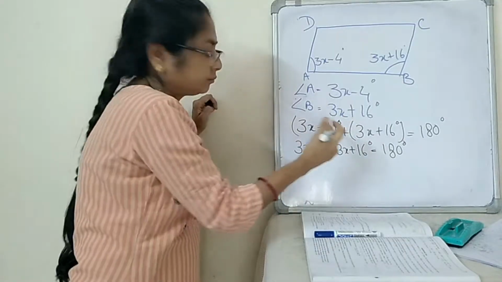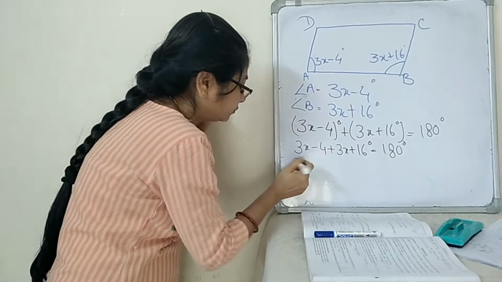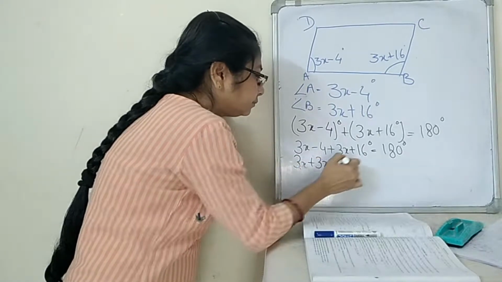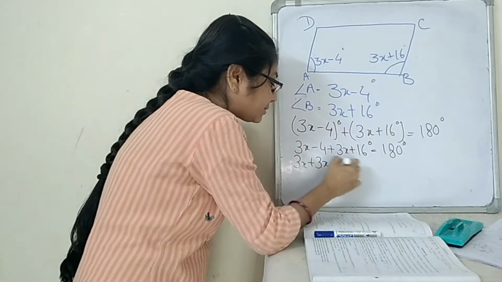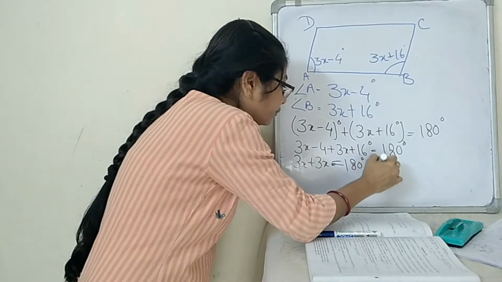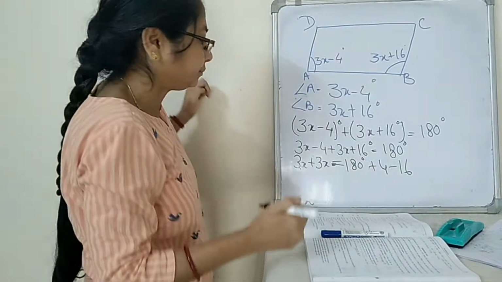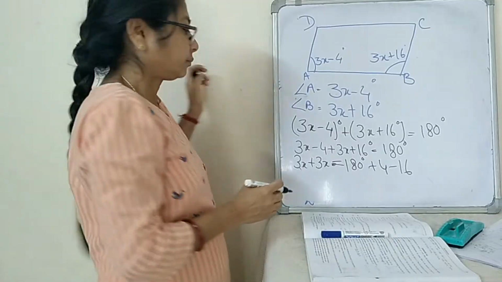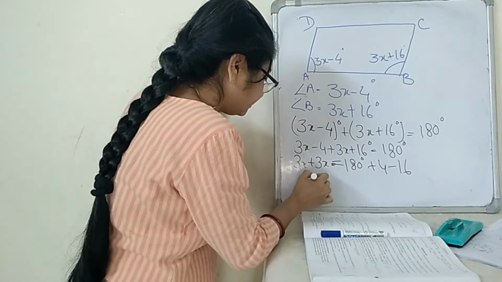X numbers, I put on one side, 3x plus 3x. Now I shift the other numbers to the other side of the equal sign: 180 plus 4 minus 16. Here it is 6x.